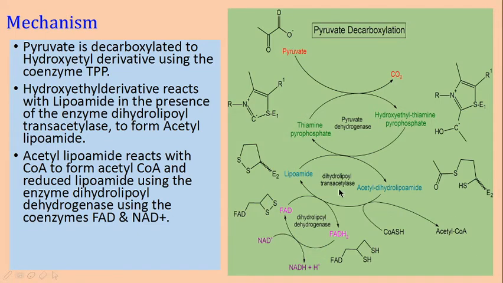It takes place in the presence of the enzyme dihydrolipoyl transacetylase, which transfers the acetyl component to coenzyme A so that it forms a product called acetyl CoA. It will also liberate the reduced form of lipoamide, and reduced lipoamide will be liberated.